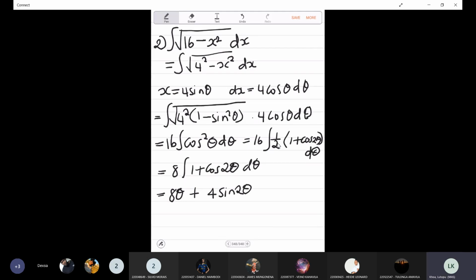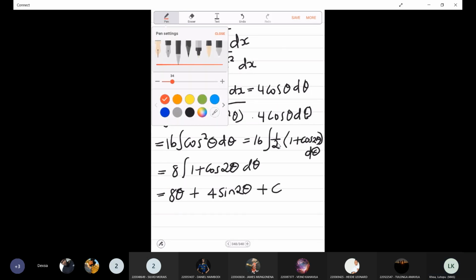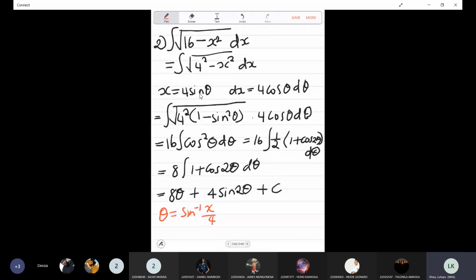Okay, and then my constant of integration, of course. Then you have to remember the substitution that I made, theta is sine inverse of x over 4, and then we need our triangle to work out sine 2 theta. So that's 2 sine theta cos theta, or 8 times sine theta cos theta.